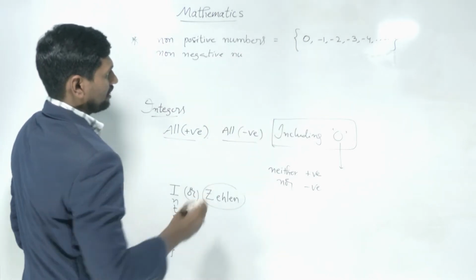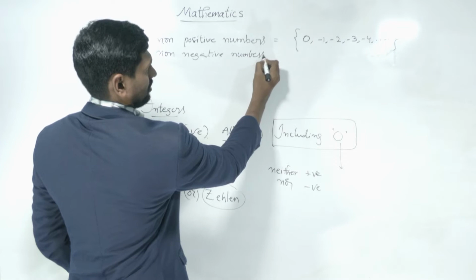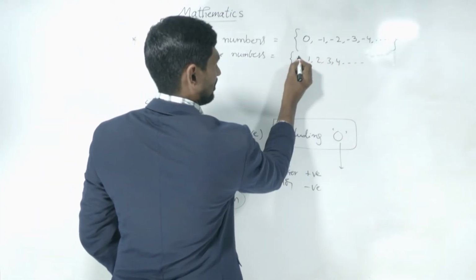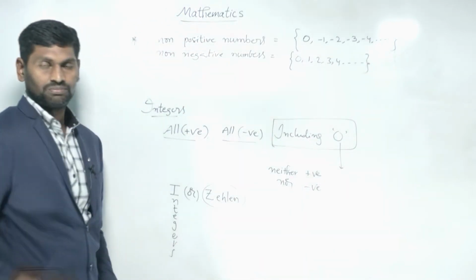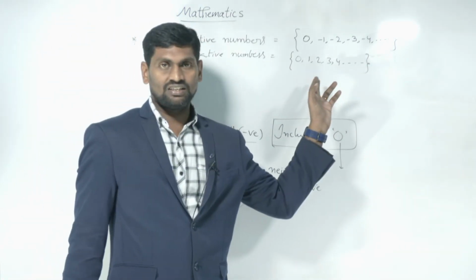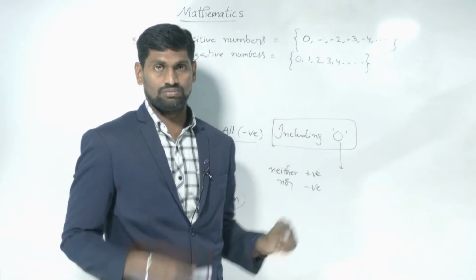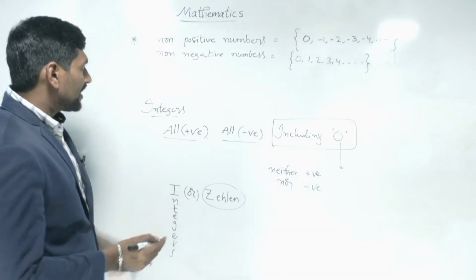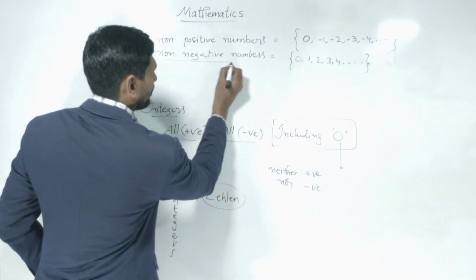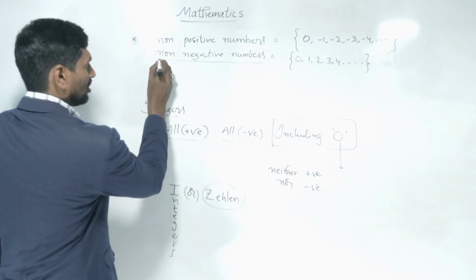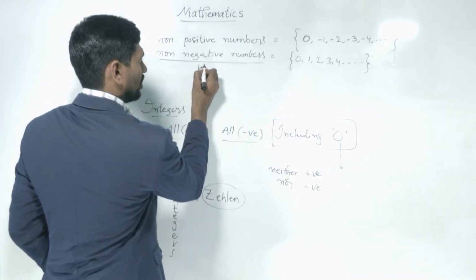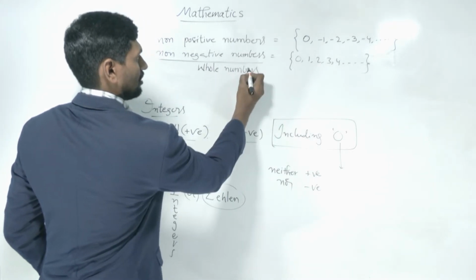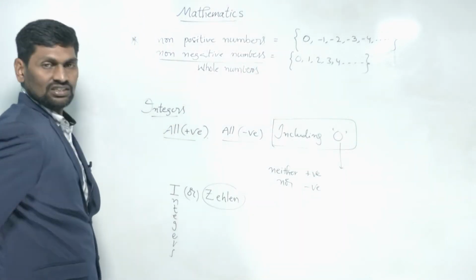In the same way, non-negative integers are non-negative numbers: 1, 2, 3, 4 and so on, including 0, because 0 is neither positive nor negative. That's why I am including it here also. Simply we can call non-negative numbers whole numbers.